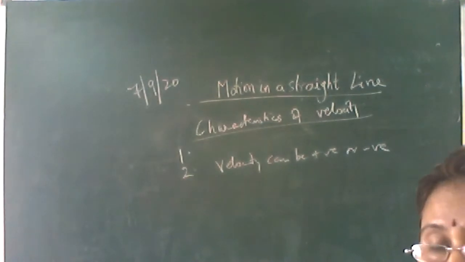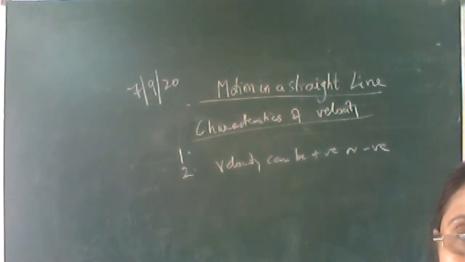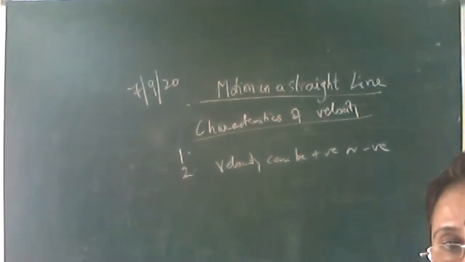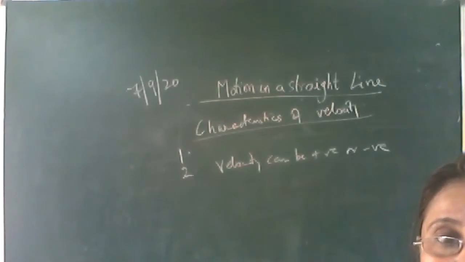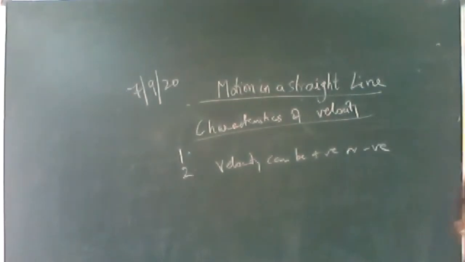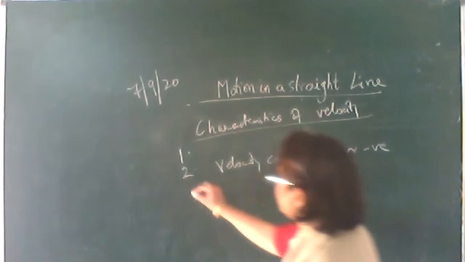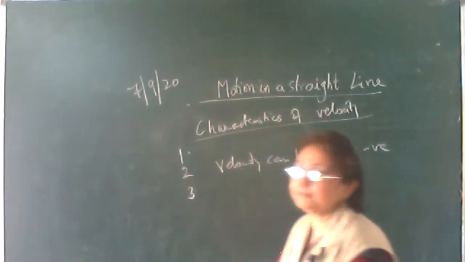Okay, why? Because the velocity is displacement per unit time, and the displacement can be positive or negative, so the velocity can also be positive or negative. Whereas the speed is distance per unit time, and the distance is always positive, so the speed is also always positive. Write the next characteristic.